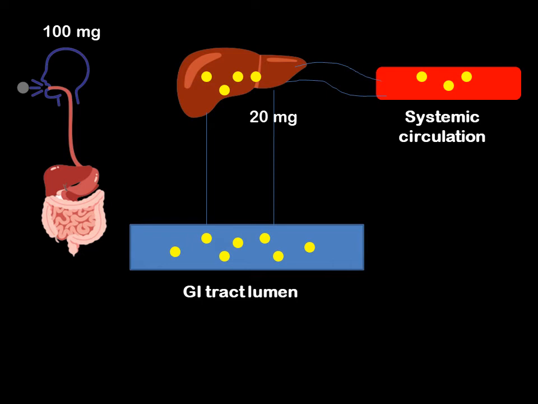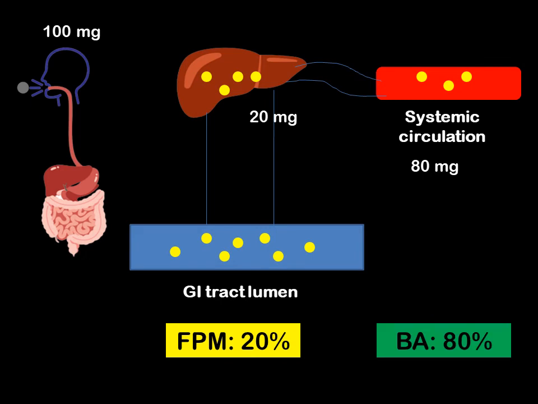Due to the metabolism, 20 mg of drug is converted into the inactive form, so there is a loss of 20 mg. The remaining 80 mg of drug enters the blood, which is available for showing its action. So here first pass metabolism is 20% and bioavailability is 80%.